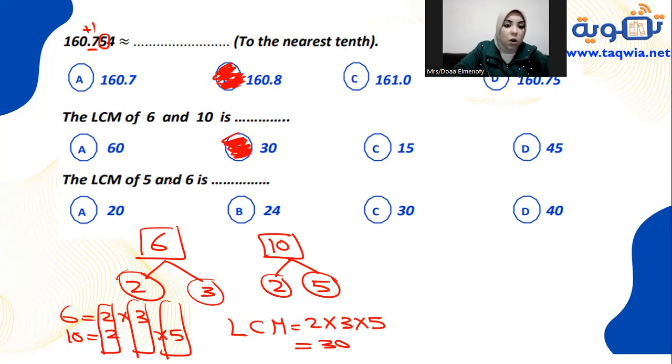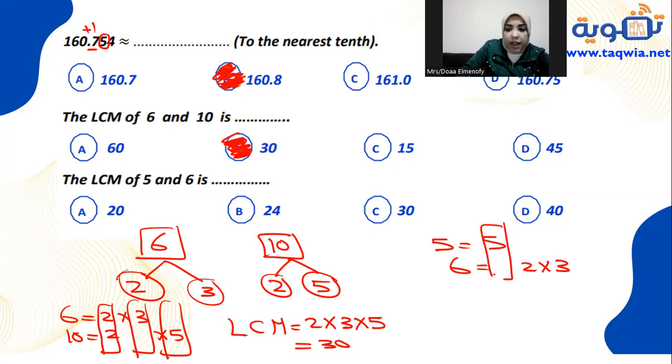What about the least common multiple of 5 and 6? Here 5 is prime, so we don't have to factorize it. And 6, we already factorized to be 2 and 3. So 5 equals 5, and 6 equals 2 by 3. What are the factors we're going to multiply together?